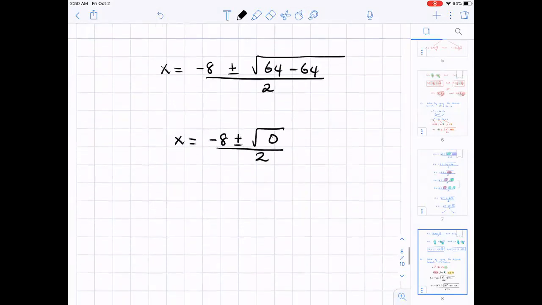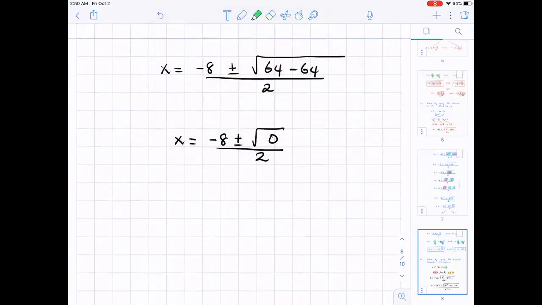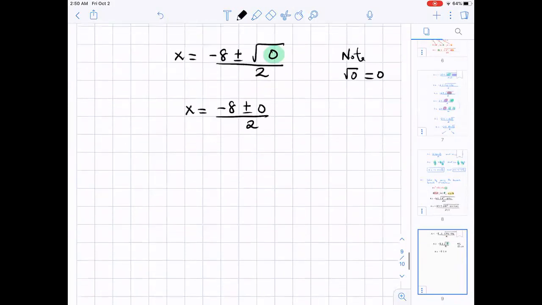And keep in mind here that what I wanted to point out is what happens when the discriminant is 0. Well, the square root of 0 is 0, so x is equal to minus 8 plus or minus 0, everything over 2.